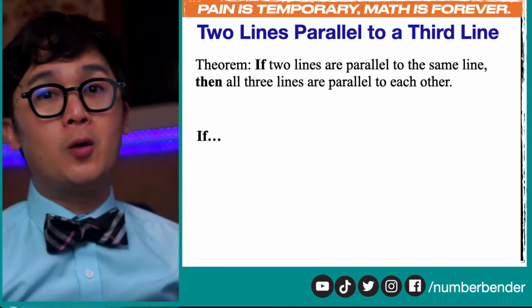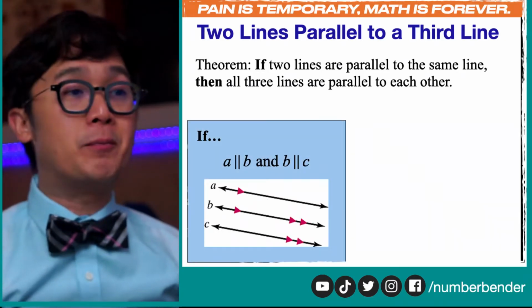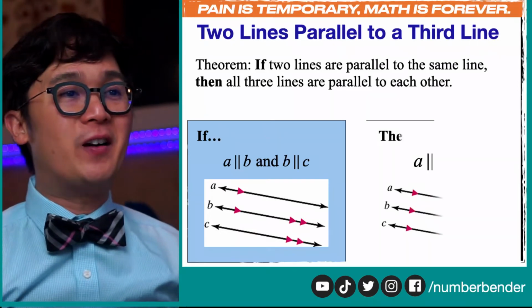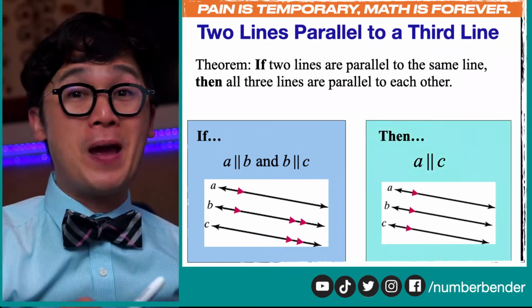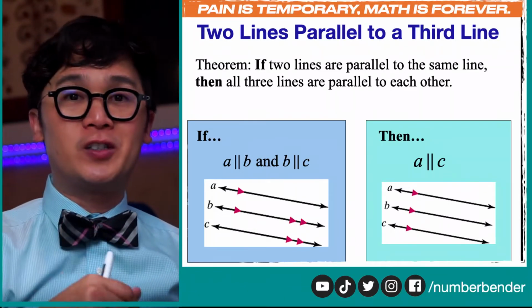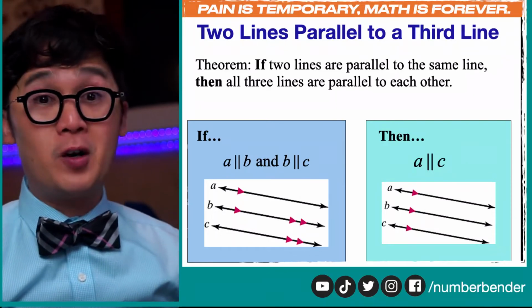So if A is parallel to B and B is parallel to C, then we know that A is also parallel to C. This is kind of like the transversal theorem for perpendicular lines, but this time it's for parallel lines.